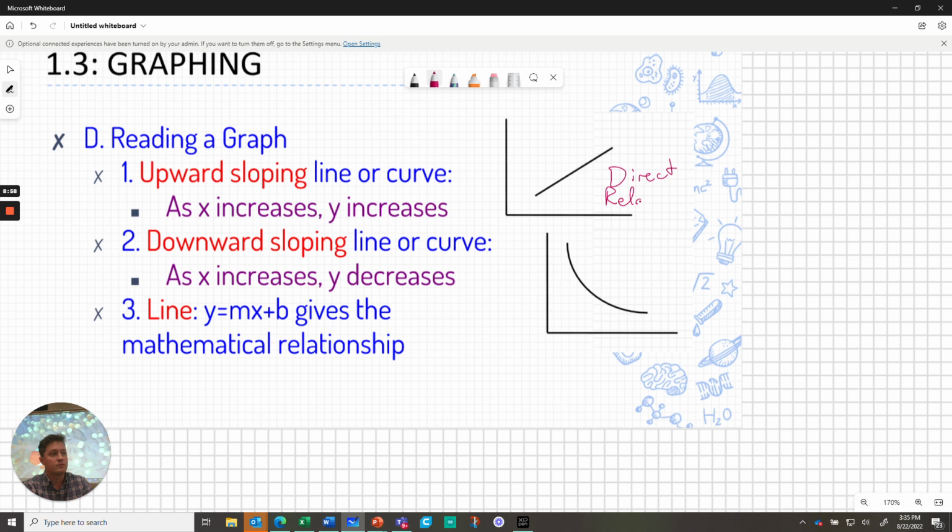A downward sloping line that is straight. So if you have a graph, not like this, that's like an exponential sort of thing. But if you have a graph that looks like that, this is an inverse relationship.